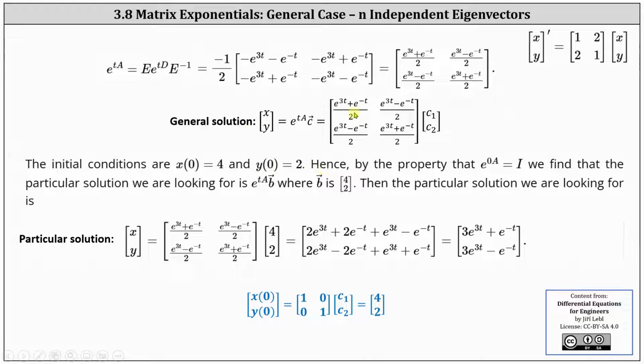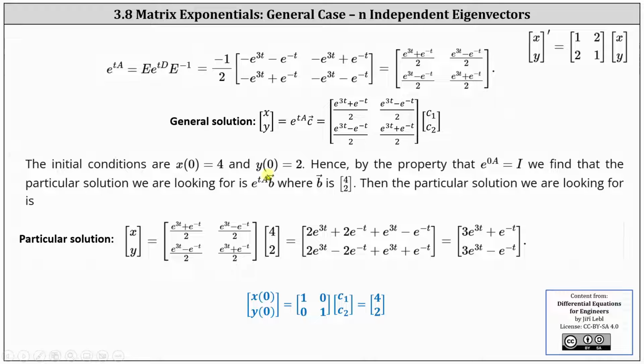If we used a general solution and substituted 0 for t, notice how we would get c1 equals 4 and c2 equals 2, which is actually the original vector b given by the initial conditions. Therefore, it's much easier to just use the property that e to the power of 0A equals the identity matrix, and we find the particular solution is just e to the power of tA times the vector b, which is the vector (4, 2) given by the initial conditions.